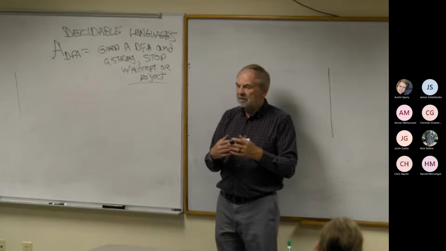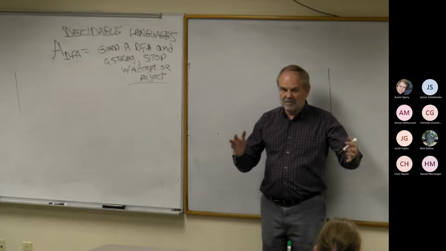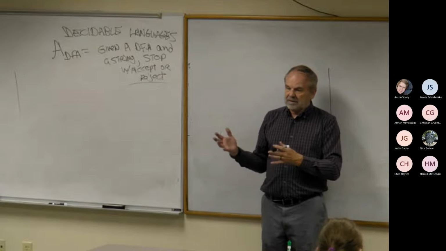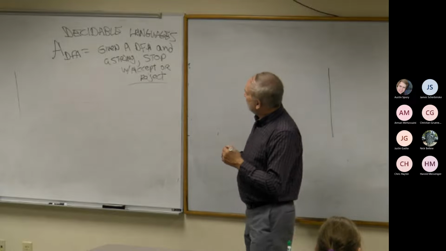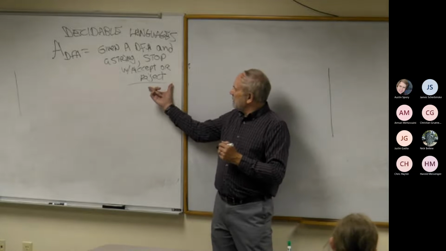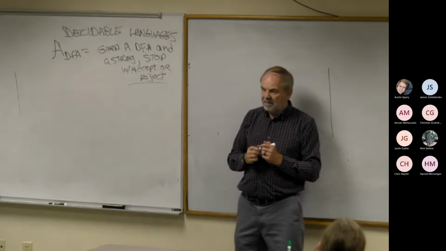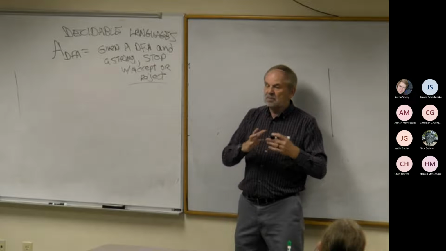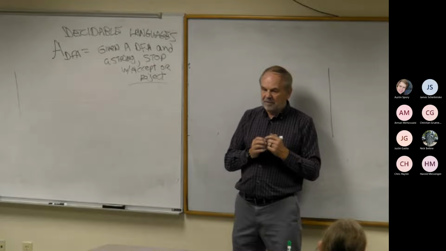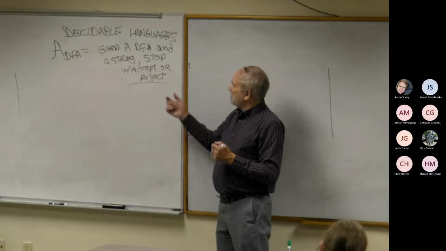It has to be over the alphabet, so it has to be within the parameters that the machine could accept. So will a DFA always stop, is what we're asking. You give it a string made up of characters from its alphabet. The answer is yes.